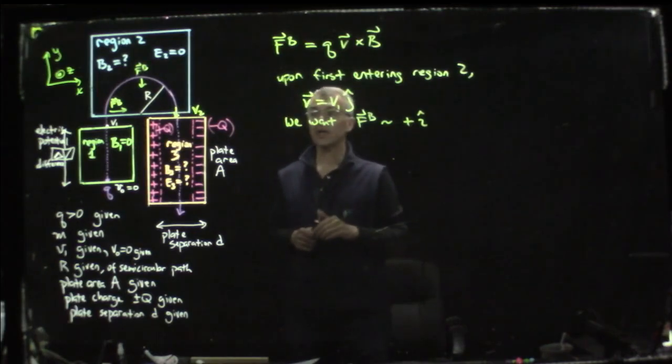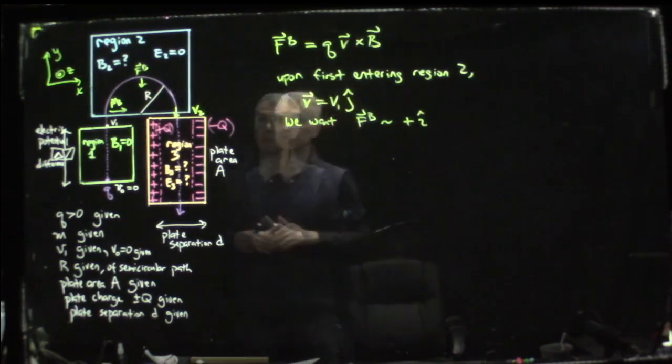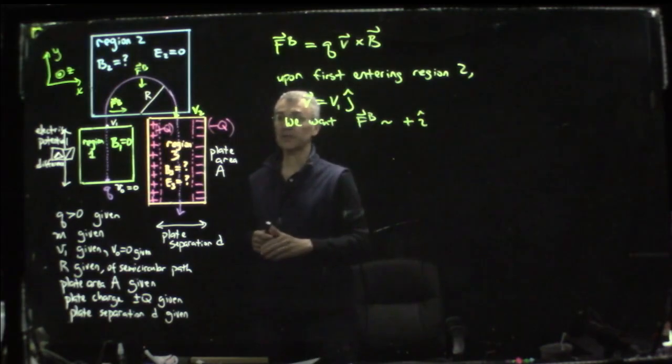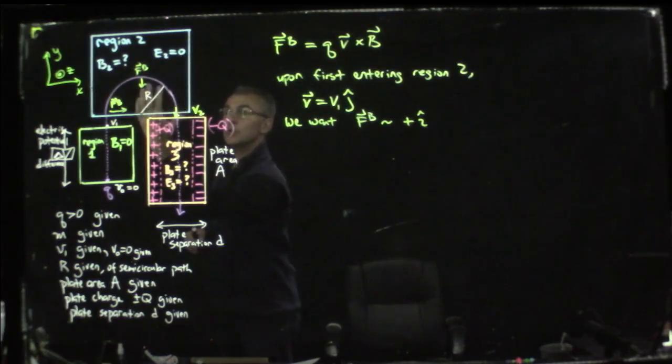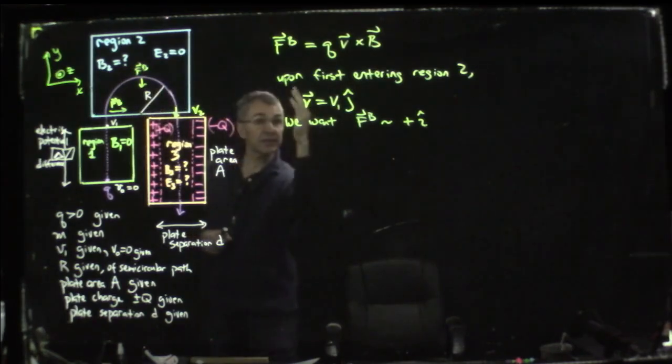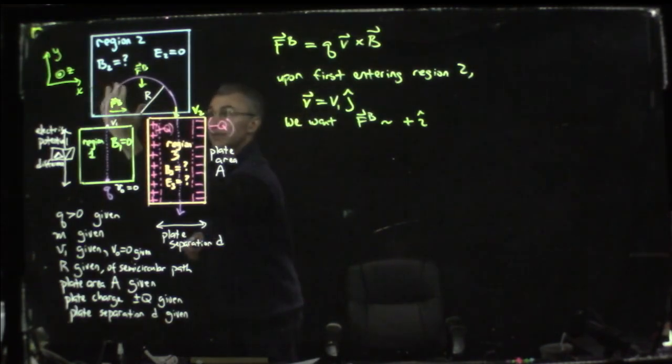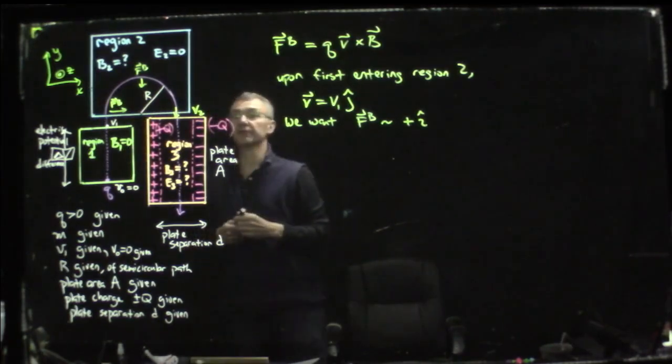So let's try a magnetic field pointing out of the board. As the magnetic field points out of the board, then V cross B will do what we want. This is my right hand, by the way. It looks like a left hand in the reversed video. So QV cross B would point to the right if B points out of the page.